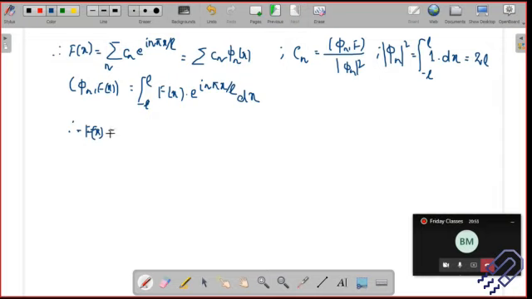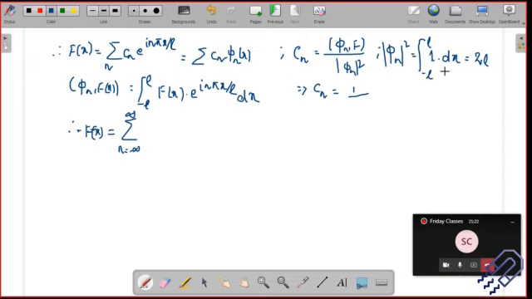So we have got f(x), and f(x) is equal to the summation of Cn. We can take the summation from minus infinity to plus infinity, and Cn is the product of this divided by phi n square.